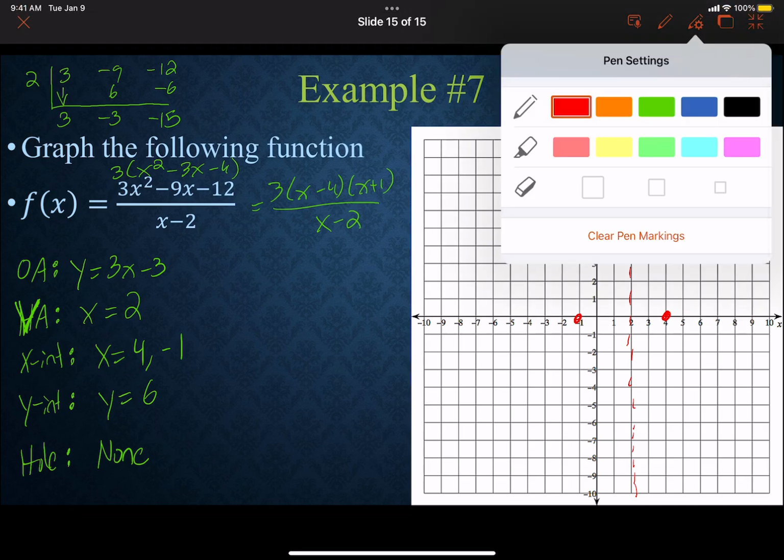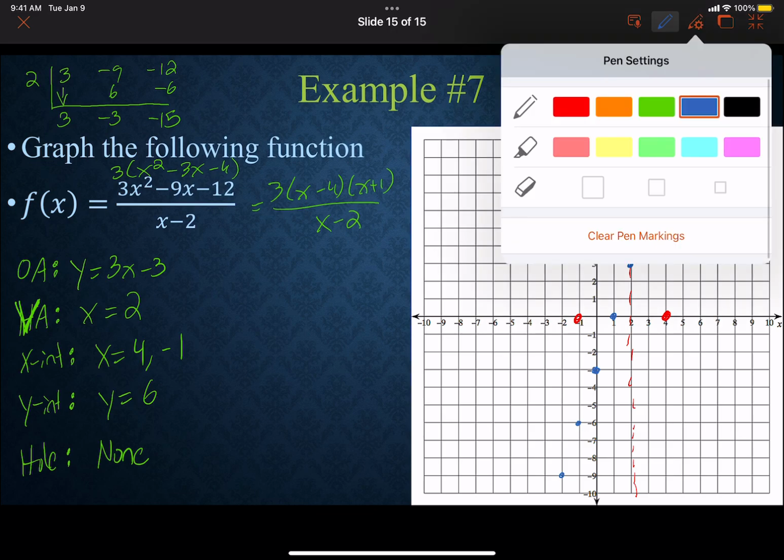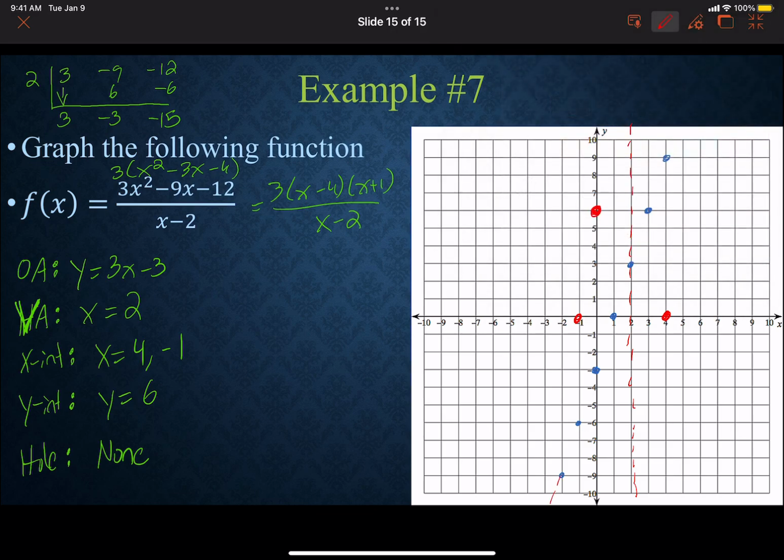I'm going to do that in blue so we don't confuse it with the different points. So we're going to start at negative 3, and we're going to go up 3 over 1. And if you have a ruler, then you can do this with a perfectly straight line. Otherwise, you should continue the pattern and go through the entire graph as best you can. And then I'll just connect them back with the red dotted line.